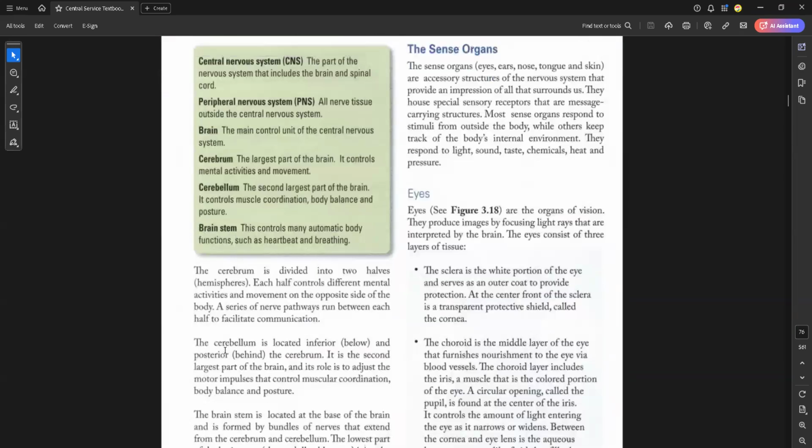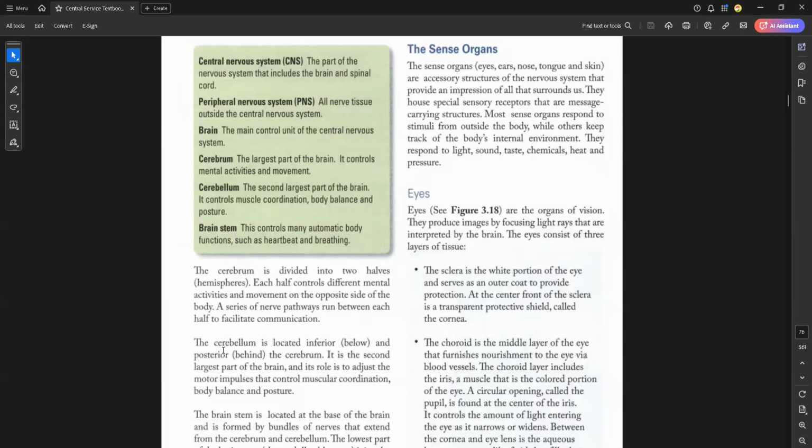All right. So the cerebrum is divided into two halves, as you can see. Each half controls different mental activities and movement on the opposite side of the body, through a series of nerve pathways. The cerebellum is located inferior, that's below, and posterior, that's behind the cerebrum. When you go to the picture above, you see it.